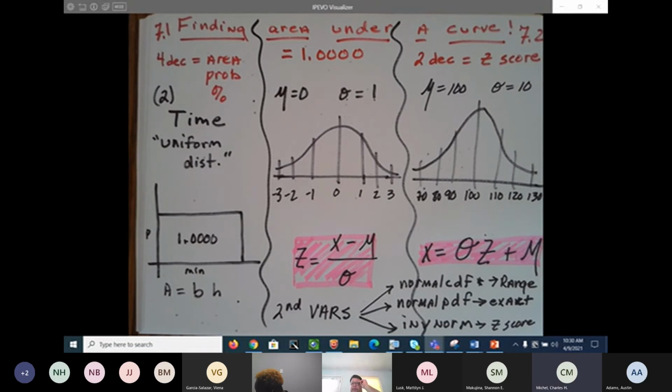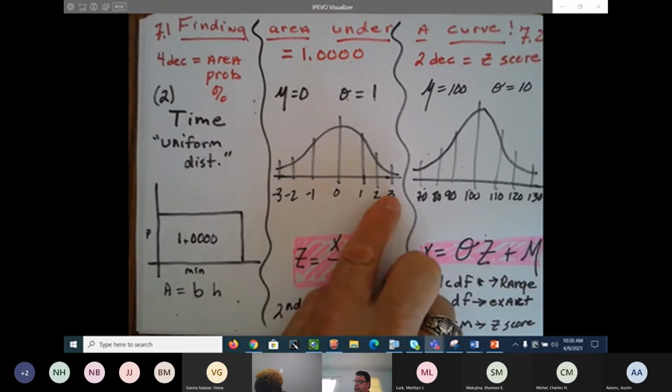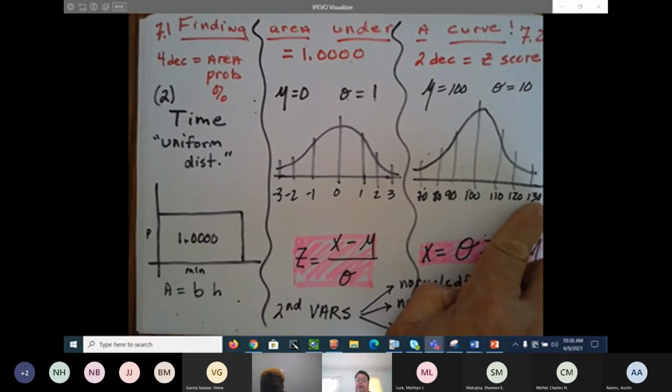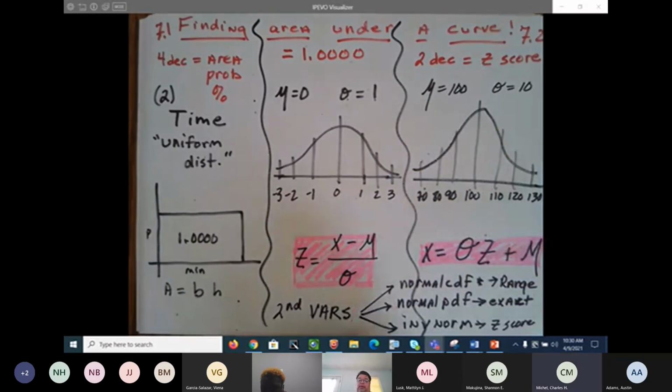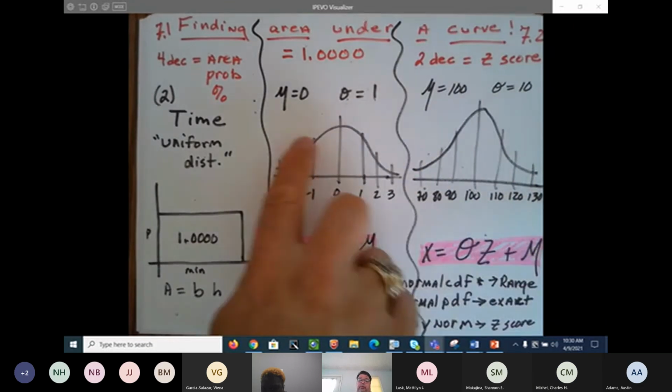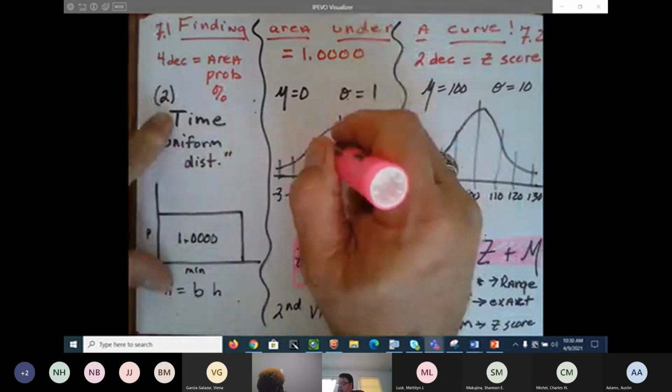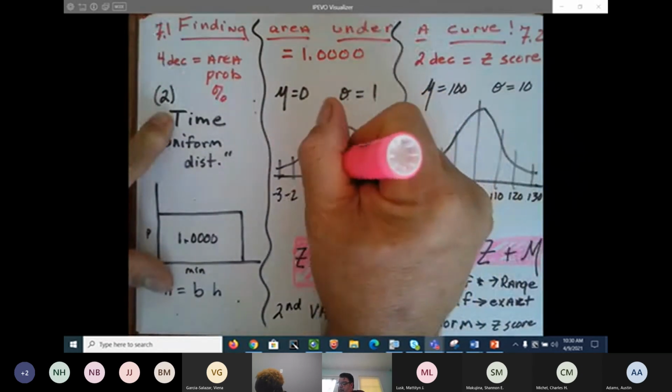Quick question. Yes. So when you say range goes with the normal CDF, are you referring to the word problems? A range, no, range like from 0 to 3, or from 110 to 130. We're finding the area under the curve. So here I said from, let's say, -1 to +2.